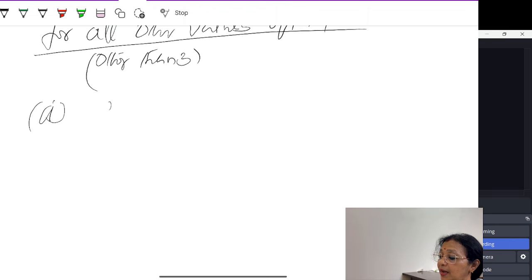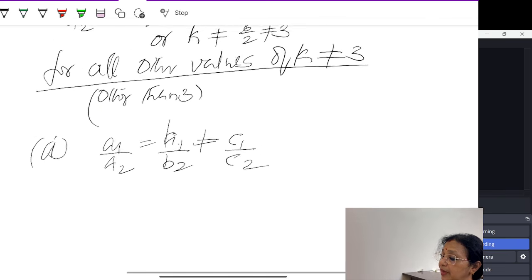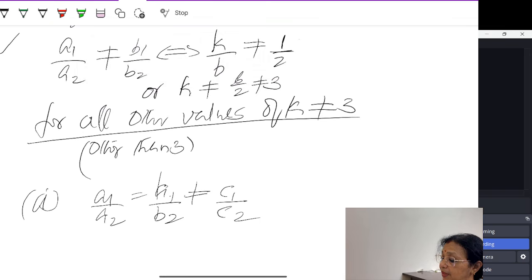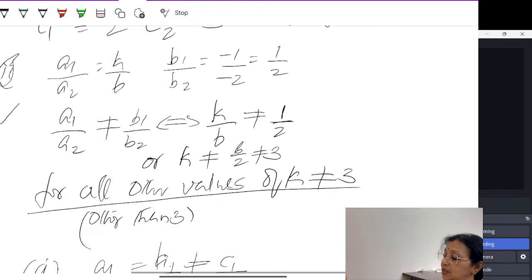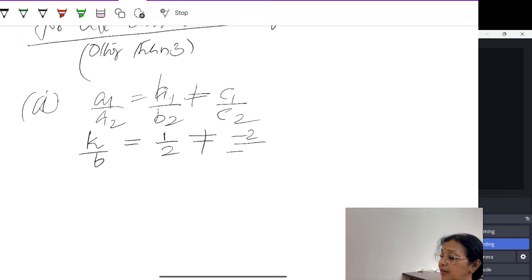Now a1 by a2 is k by 6 equals b1 by b2 which is 1 by 2, not equal to c1 by c2. c1 is minus 2, c2 is minus 3, so minus 2 by minus 3. So k equal to 3, which is not equal to 2 by 3.